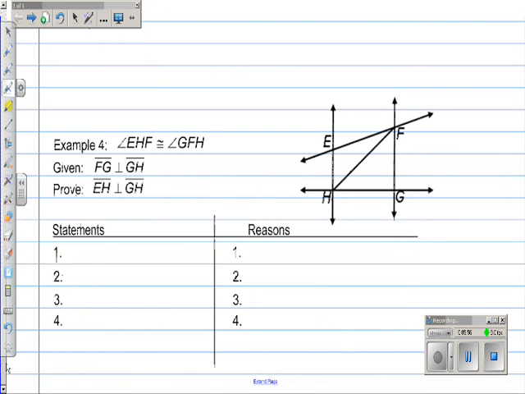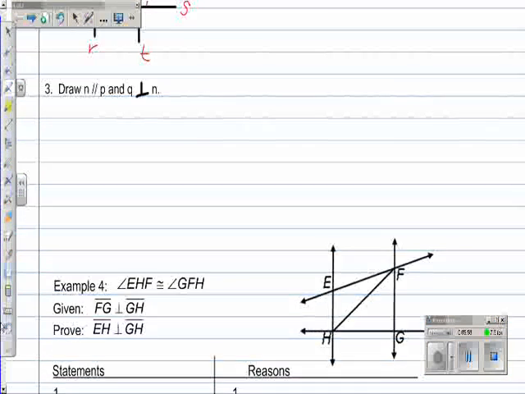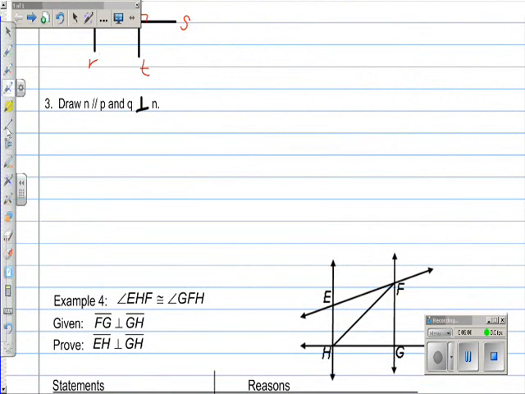We have one last one on exploration. This one tells us to draw line N parallel to line P. So I'm going to draw line N and line P, and label those.